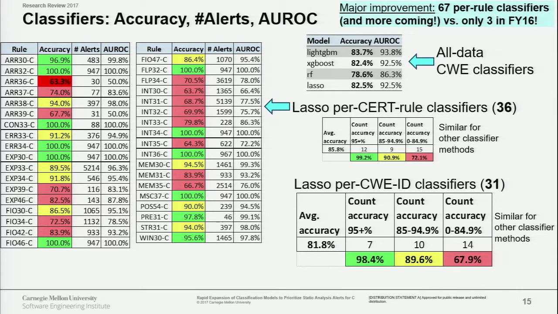And lastly, we just have room here for the lasso per CWE ID classifiers. We were able to develop 31 so far, with an average accuracy of the per CWE classifier of 82%. So the major improvement is that we were able to develop 67 per rule or CWE ID classifiers versus only 3 in FY16 when we were working with 10 years of CERT auditing data and 3 DoD collaborators.